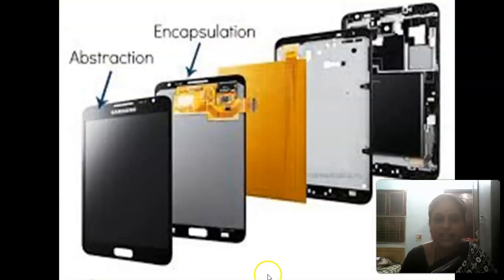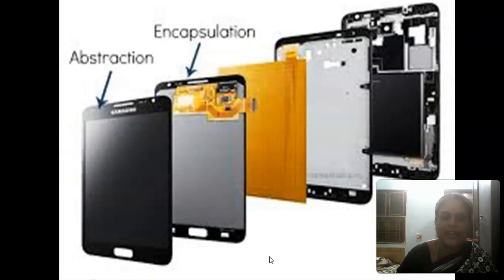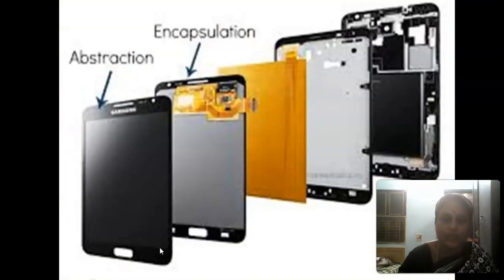When you have a mobile phone, the details of constructing the mobile phone are hidden from the user. This is data abstraction. Next is data encapsulation, which is the encapsulation of the data members and member functions together.